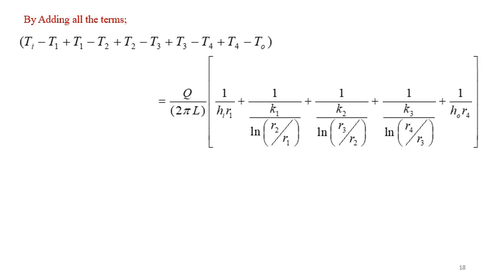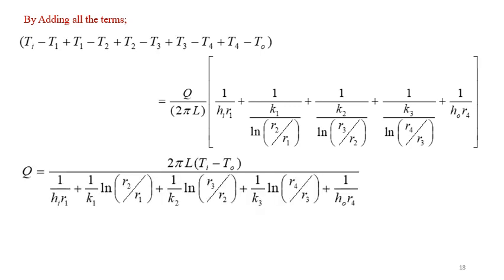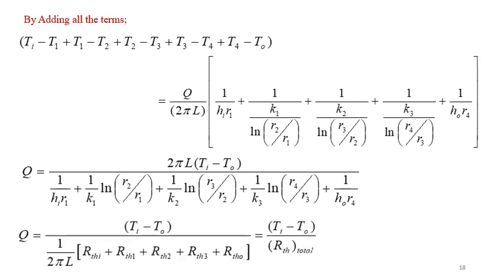So adding all the terms, we will get this equation. Ti minus T naught is equal to Q by 2 pi L, which I take as a common term outside, into 1 by hi R1 plus 1 by K1 ln R2 by R1 plus 1 by K2 ln R3 by R2 plus 1 by K3 ln R4 by R3 plus 1 by h naught R4. So Q is equal to 2 pi L into Ti minus T naught divided by that sum, which means Ti minus T naught is equal to Q by 2 pi L into R_th,i plus R_th,1 plus R_th,2 plus R_th,3 plus R_th,0.